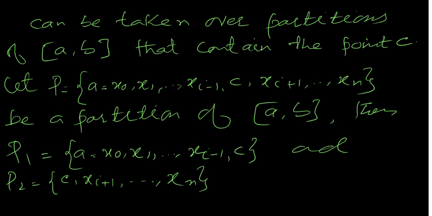This is the partition of the interval AC, and this one is the partition of the interval CB, because xn is equal to B.